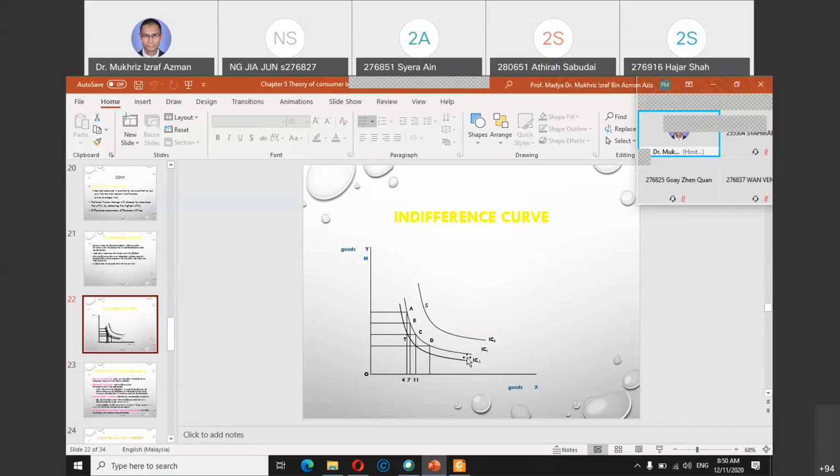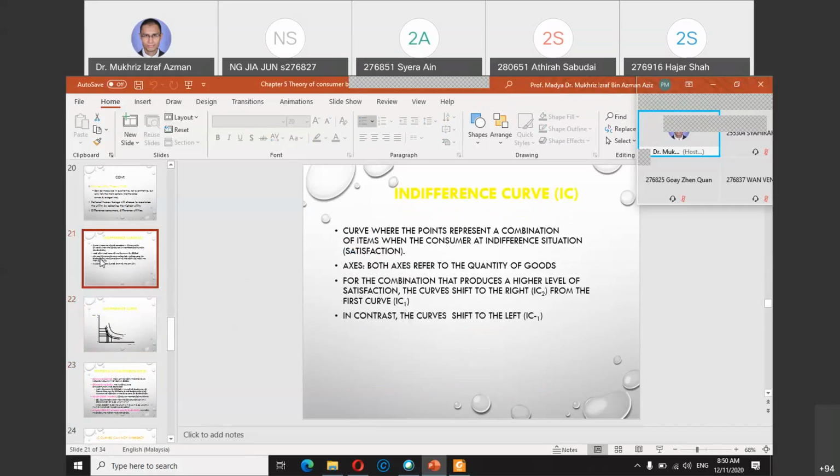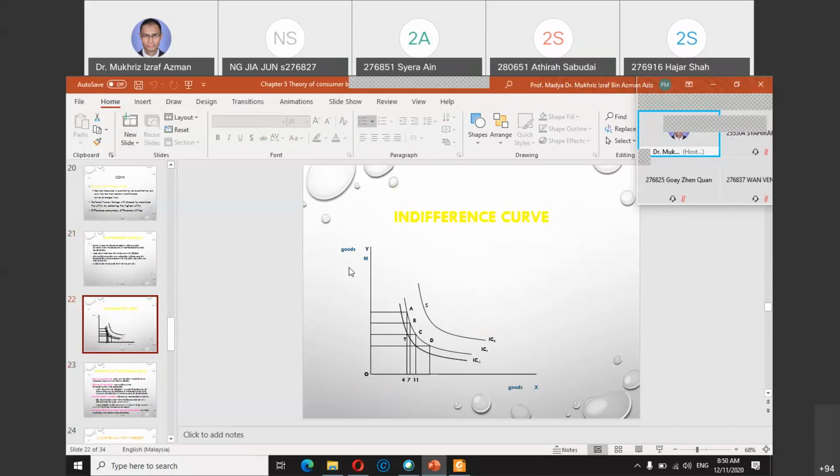For example, what you see here on this slide: the y-axis we assign for good y, the x-axis for good x. Let's look at the indifference curve in the middle here. Ignore IC1 and IC2.